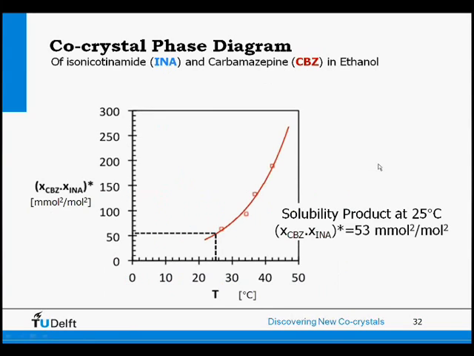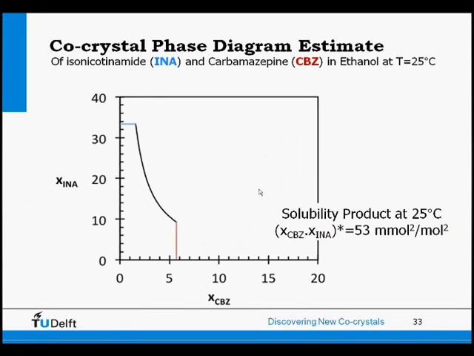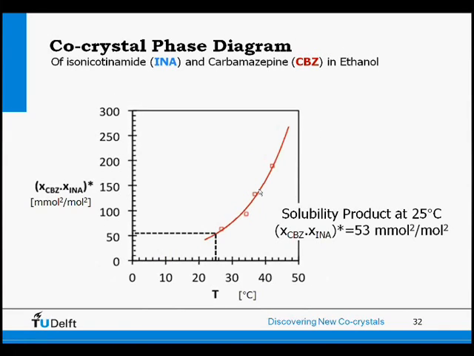So we can plot that. So the solubility product as a function of temperature, and we get this red line. And also here you can use the Van 't Hoff equation to plot this.